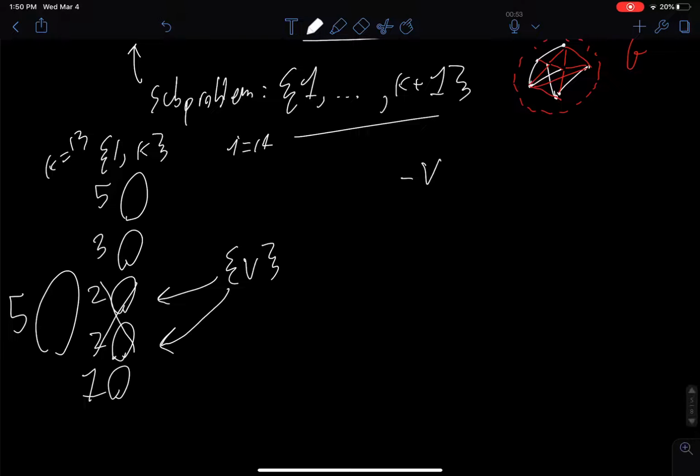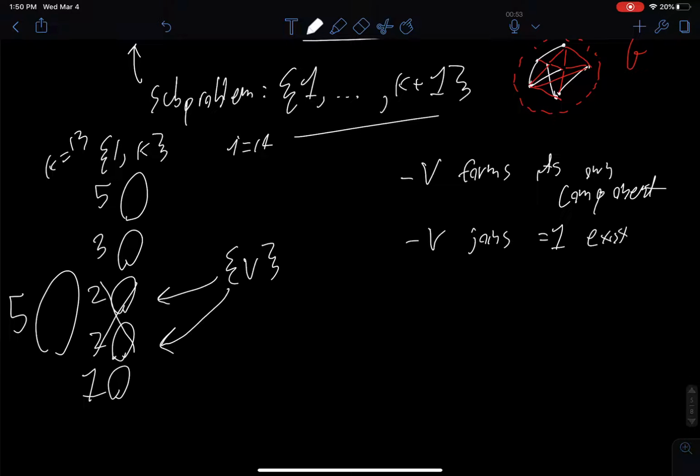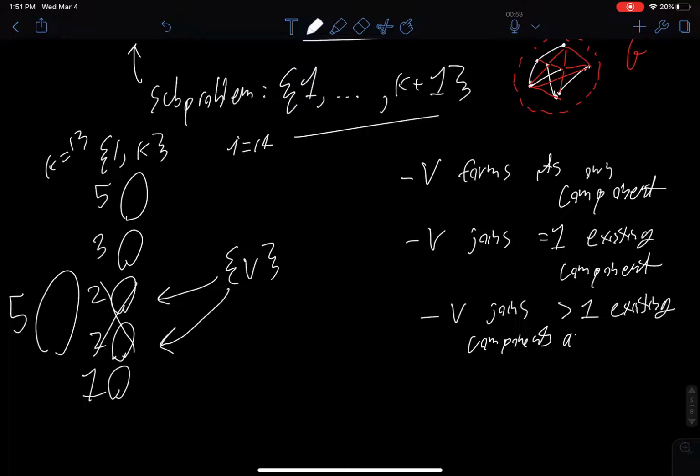Basically, we can have v forms its own component, v joins exactly one existing component, or v joins multiple existing components and merges them.